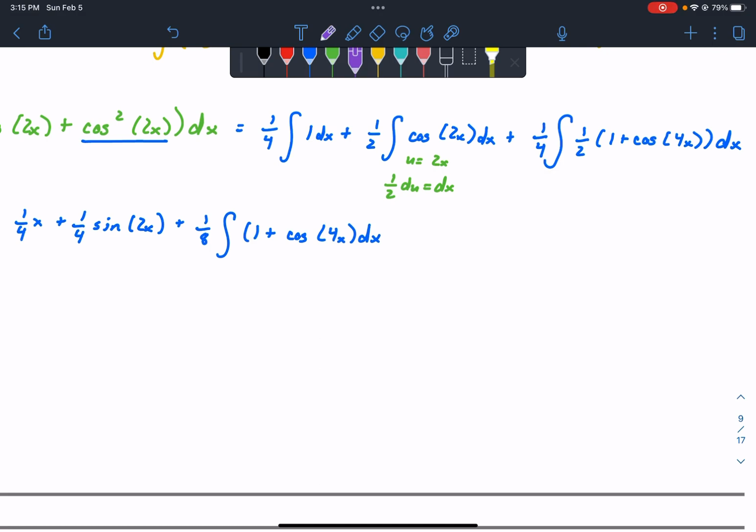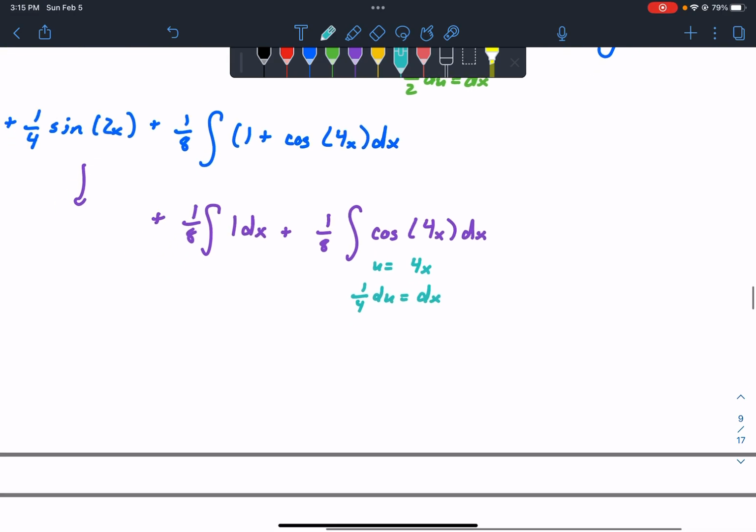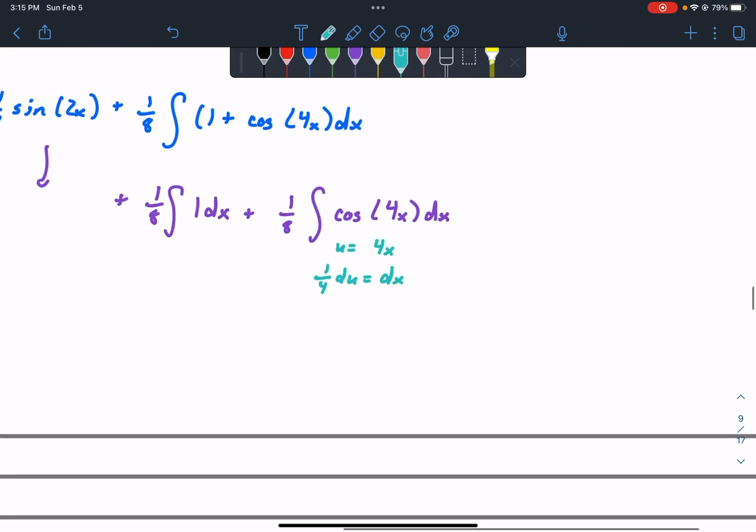So if I want to separate this, I'm going to end up with 1/8 times the integral of 1 dx plus 1/8 times the integral of cosine 4x dx. So I'm going to have to u sub again. So in this case, u is 4x. So you end up with 1/4 du equals dx. So now you end up with an extra 1/4 here.